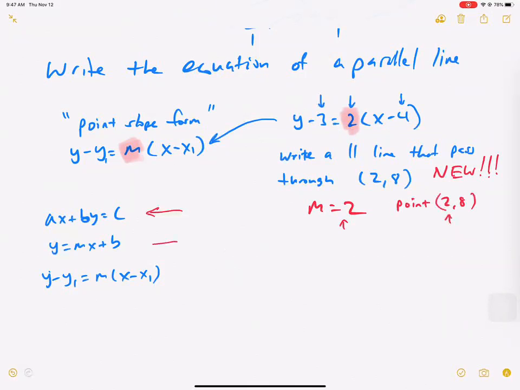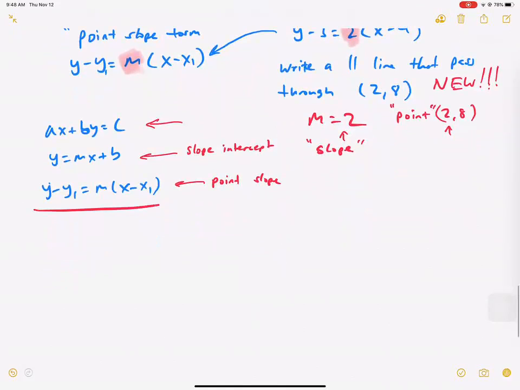Standard, slope-intercept, or point-slope? We have a slope here and a point. I want you guys to be able to identify which one to use, and we're going to use point-slope. Why? Because we have a point and a slope.